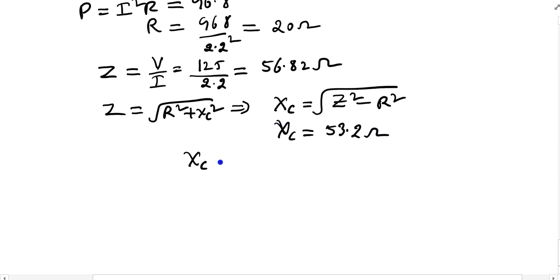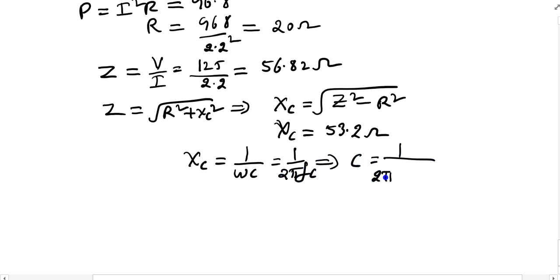But you know XC is 1 by omega C, or 1 by 2 pi f C, so C is equal to 1 by 2 pi into 60 into 53.2.